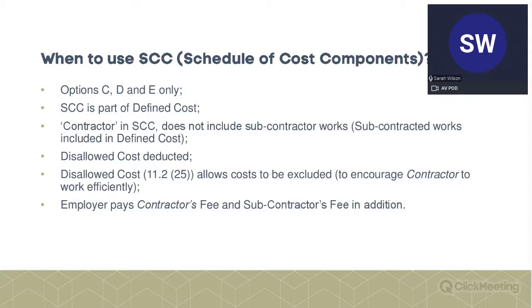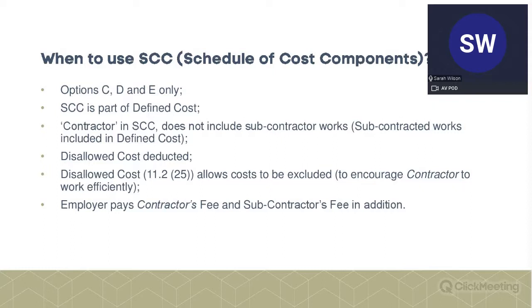Options C and D are the pay and gain and profit sharing contracts, and how it works there is that as you go along through the project, you claim the cost of your works through the schedule of cost components. So basically, you have your timesheets and you claim for what people are doing over specific periods of time on the project.